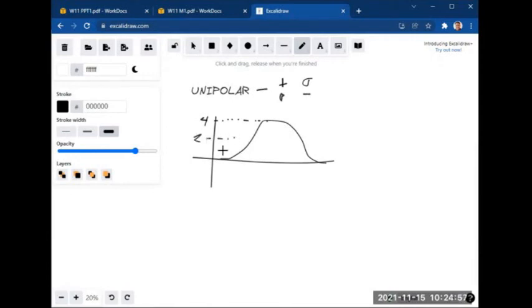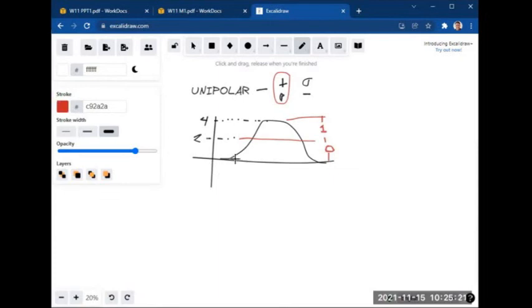In this case, all voltages below 2 volts, for example, we will take this one, when converted to digital, will be treated as 0. Then all of the voltage above 2 will be treated as 1. Okay? So that's what we mean when we say unipolar.